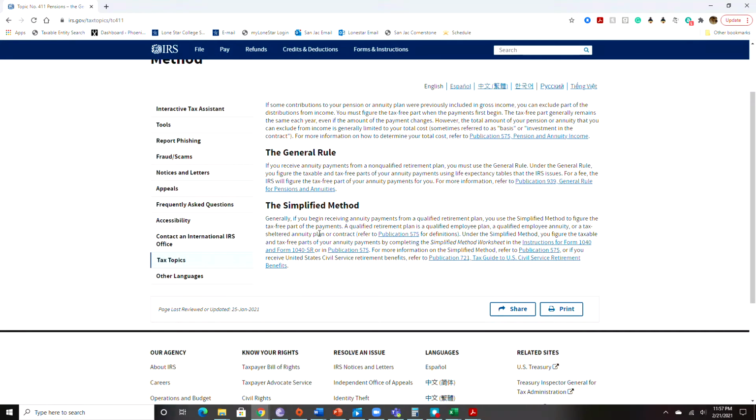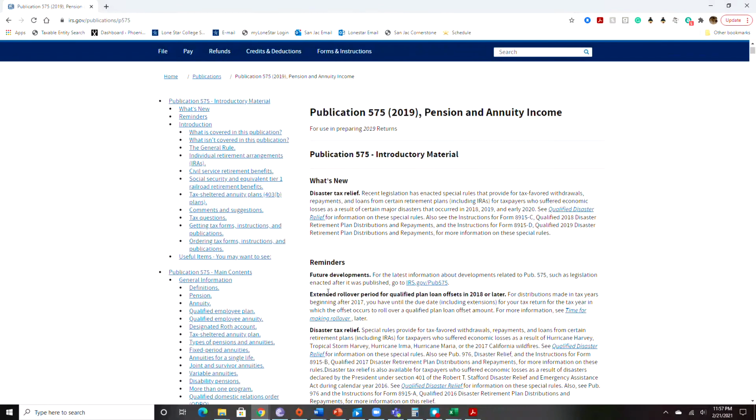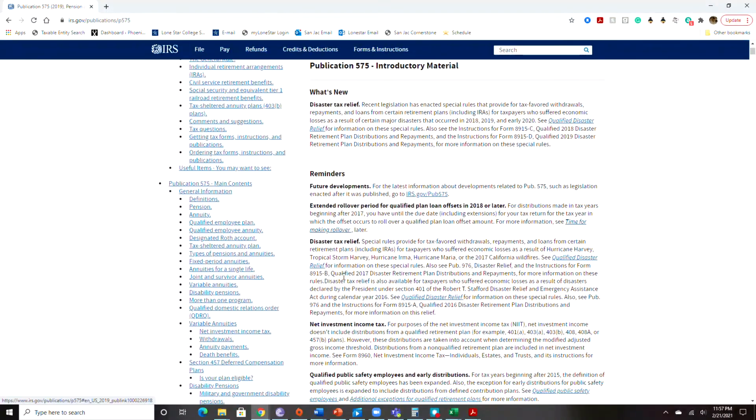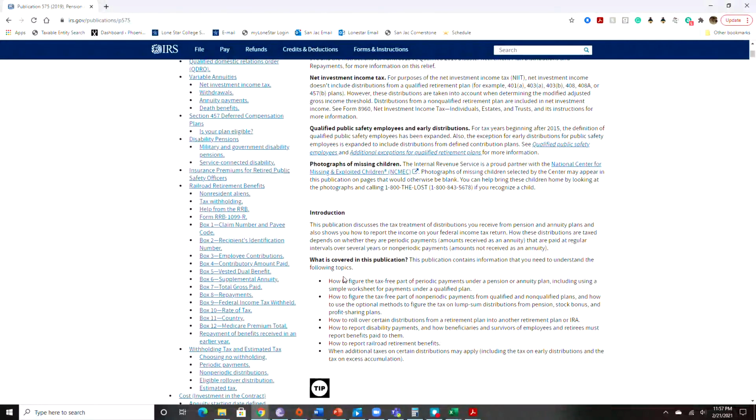Here's our simplified method. Definitions. Let's see. Publication 575. And you can see how this works, as I'm looking for this simplified method worksheet.